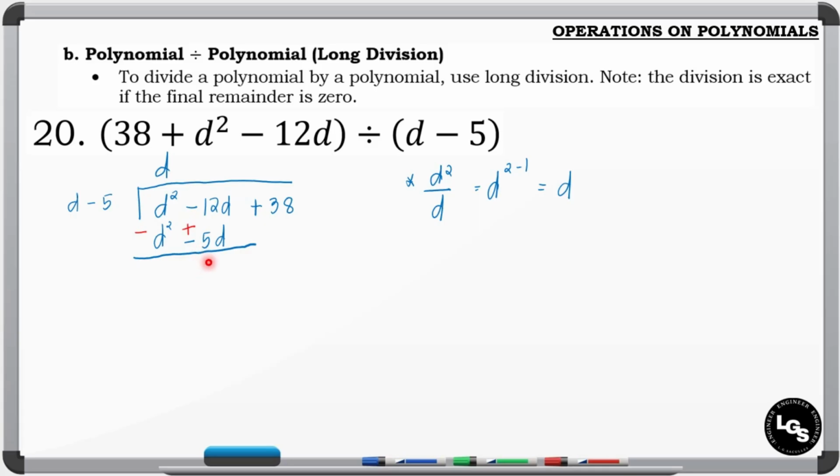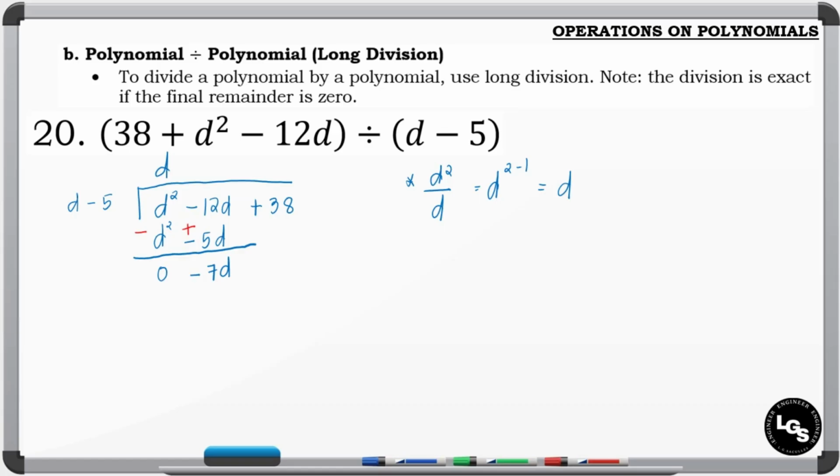I expect that you already know how to add polynomials. So negative 12d plus 5d is equal to negative 7d. Then d squared plus negative d squared will become 0, so we write here 0.